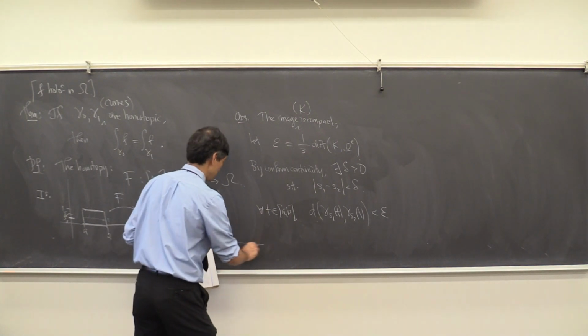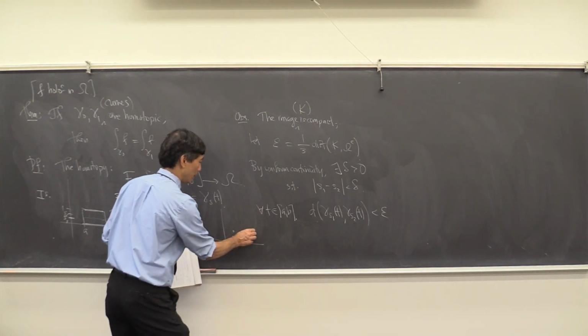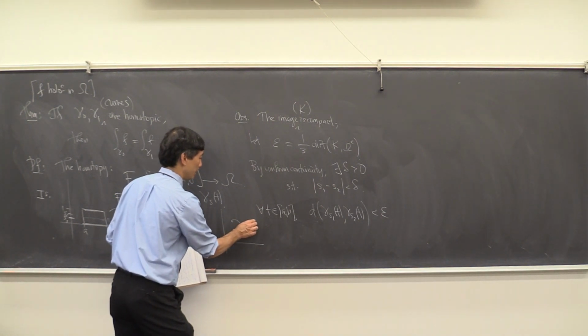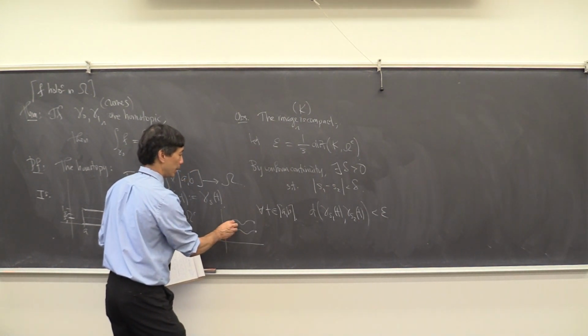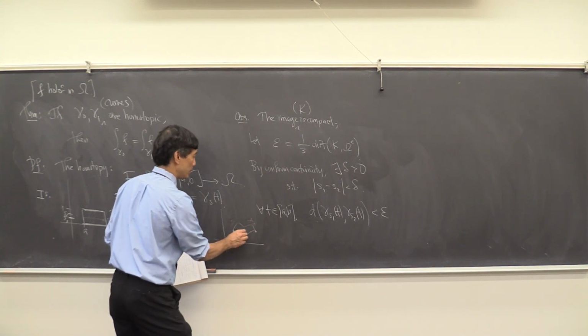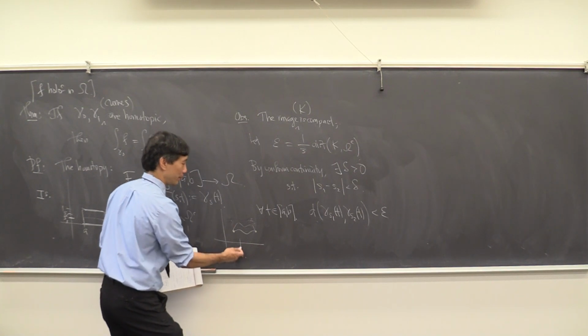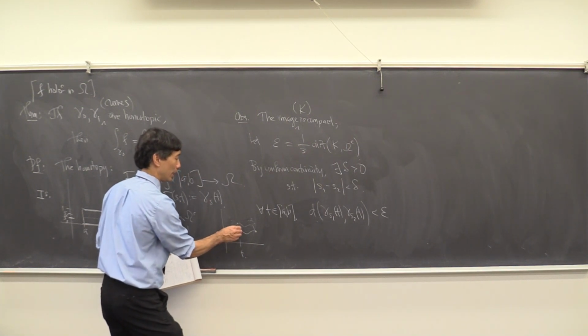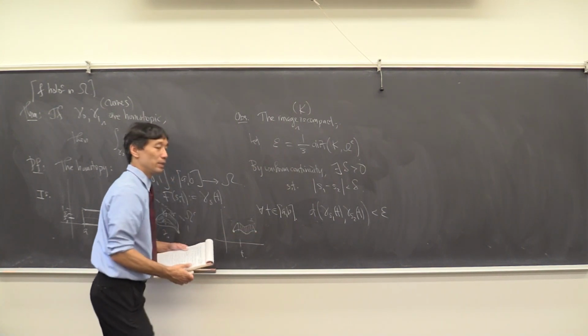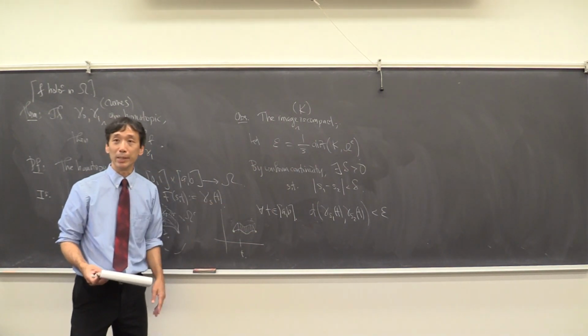If I drew this, this is not really the right picture, but you've got one curve and another curve, and I'm pretending the points are at the same time. The distances between the corresponding points are smaller than epsilon.